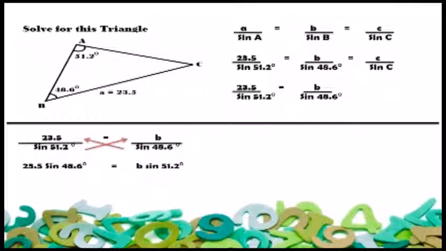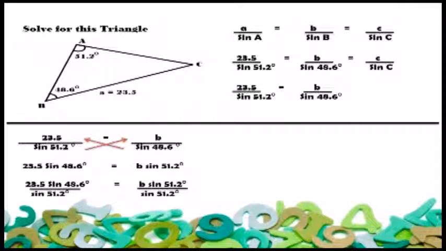So we have 23.5 sine 48.6 degrees is equal to b sine 51.2. After we cross multiply, we will divide both sides by sine 51.2 so we can solve for the value of side b.